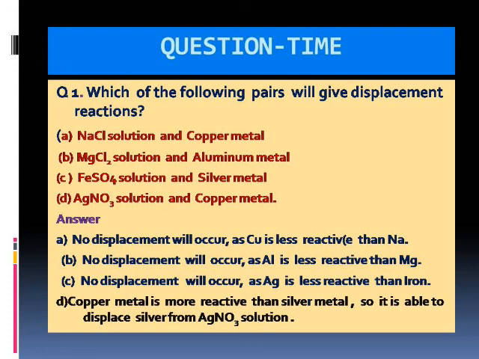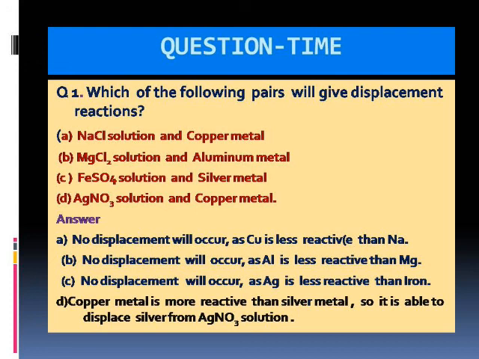In first pair, copper metal is less reactive than sodium metal, so no displacement reaction will occur between sodium chloride solution and copper metal. In second case, aluminum metal is less reactive than magnesium, so no displacement reaction will take place between magnesium chloride solution and aluminum metal.